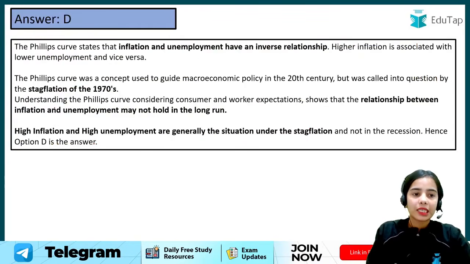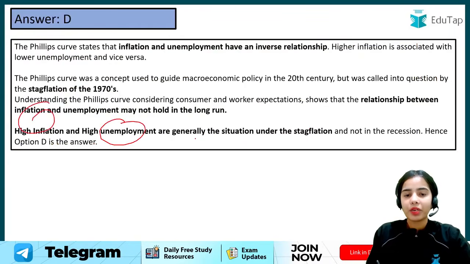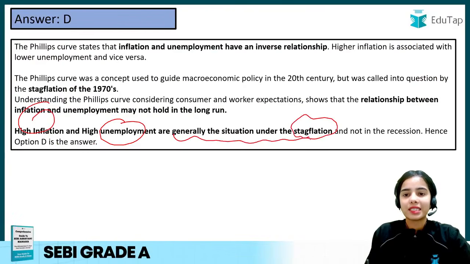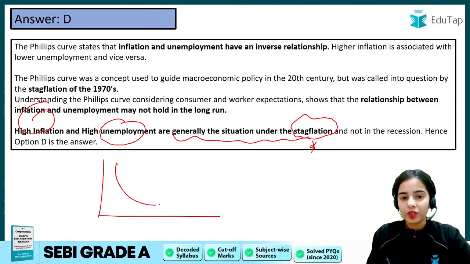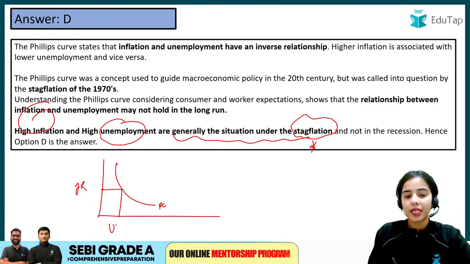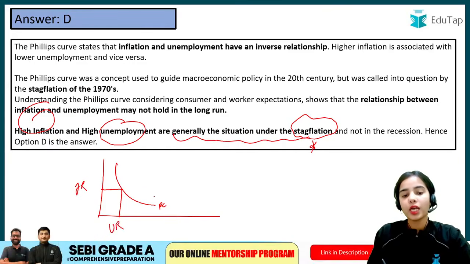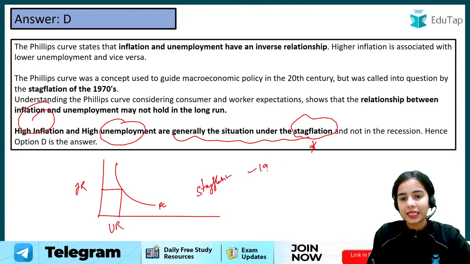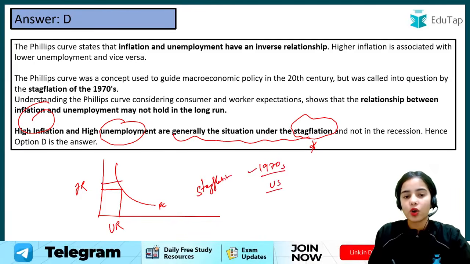Okay, so basically high inflation and high unemployment are generally the situation under stagflation, and it is said that the Phillips curve, that is the downward sloping Phillips curve that shows the inverse relationship between inflation rate and unemployment rate, broke down because of the stagflation that was faced in the 1970s by the US. The inflation rate was increasing and the unemployment rate was also increasing, due to which the Phillips curve shifted rightwards.